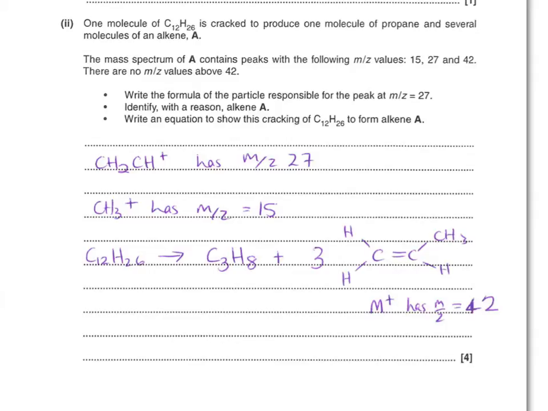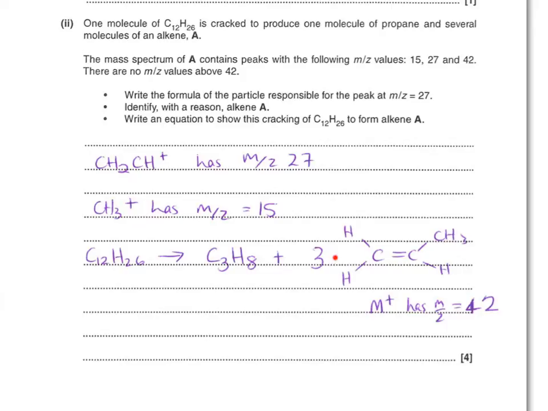So in a mass spectrum we've got some peaks at 15, 27 and 42, and there are no m/z values above 42, and that tells us that this must be the molecular ion peak, and so the MR of our alkene must be 42.